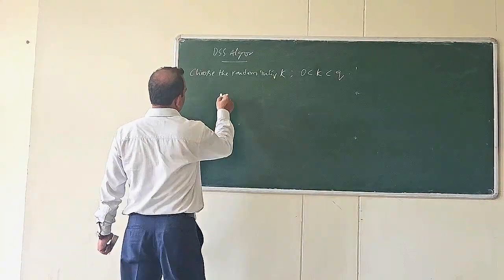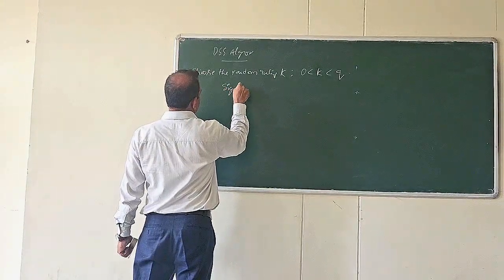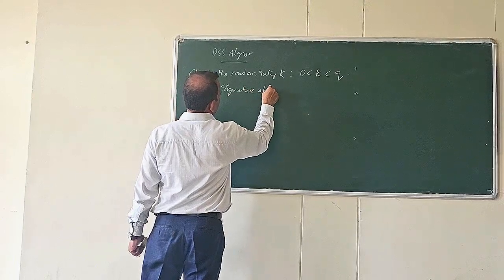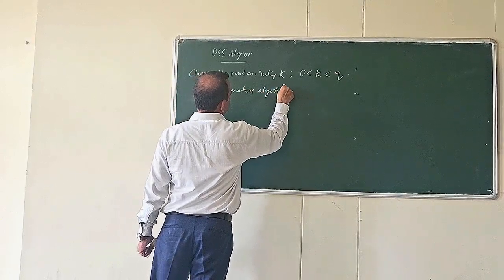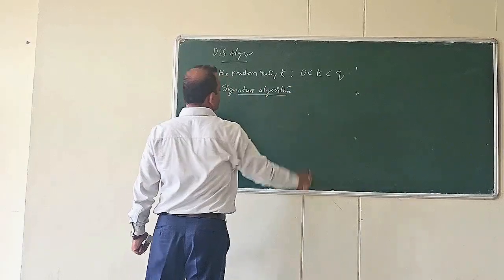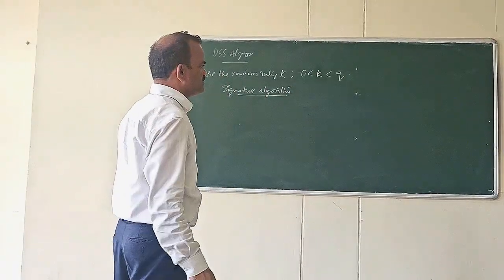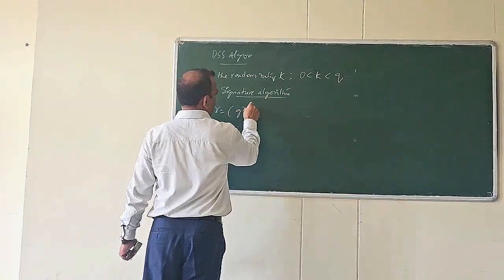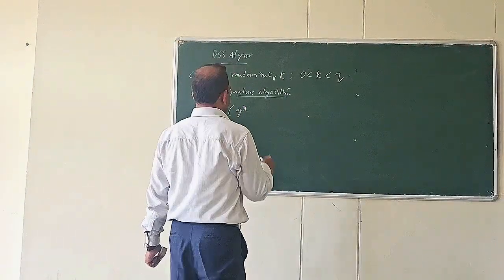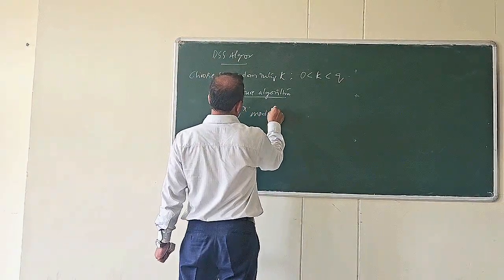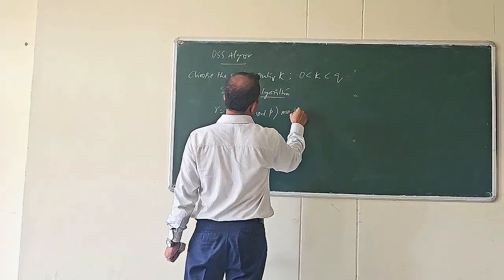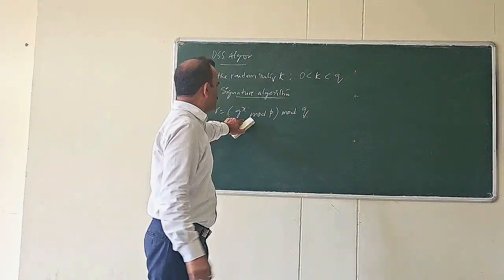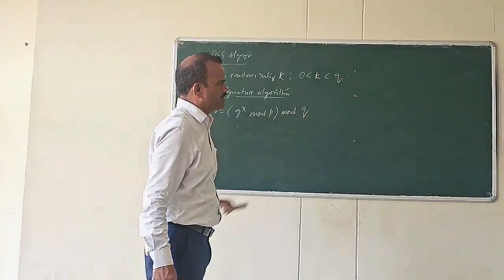Now, let us go for the algorithm. First, the signature algorithm. This is the first step. r equal to g power k mod p, whole mod q.